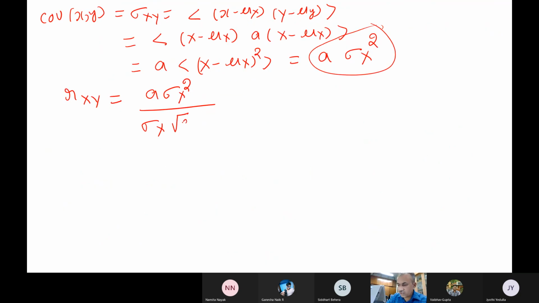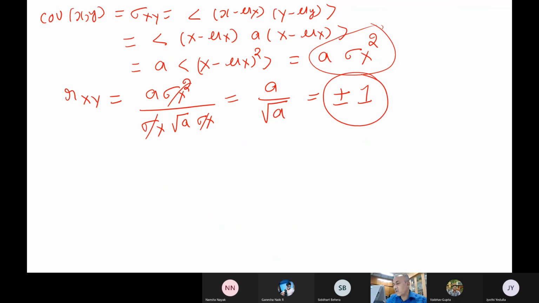That's why we write a times sigma x, and this gets cancelled. So finally we get plus or minus 1. It depends on this square root also.